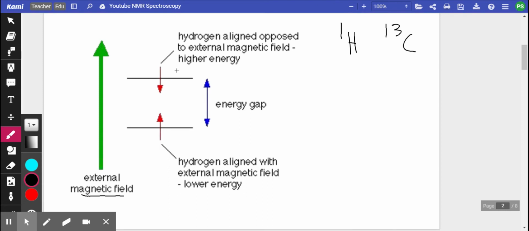This is a high energy state. Over time, it relaxes back to the low energy state, and we can detect this. This flipping to align opposite to the magnetic field is called resonance. Okay, let's see how this can be useful to us.